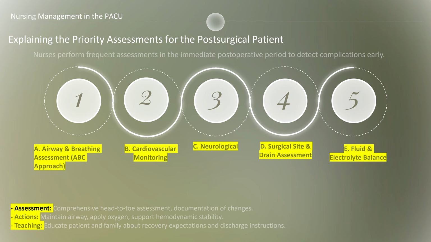Action: the ABC, so maintain the airway, apply oxygen. Teaching: educate the patient and the family about recovery expectations and discharge instructions. So for the airway and breathing, the ABC approach is to monitor oxygen saturation to detect hypoxia, and assess breath sounds for wheezing, stridor, or diminished airflow.